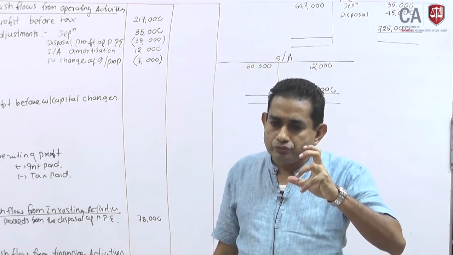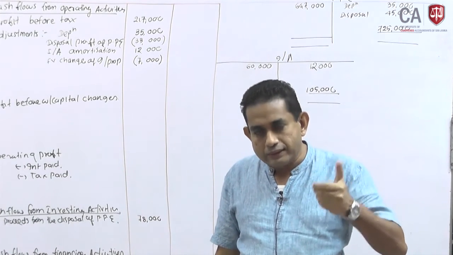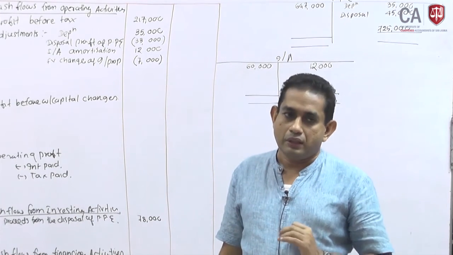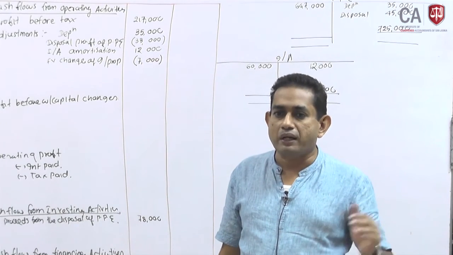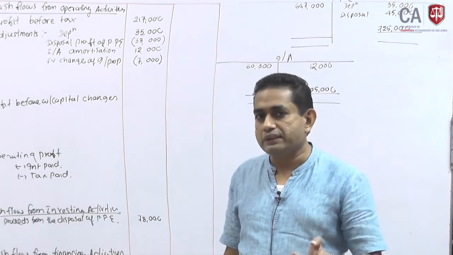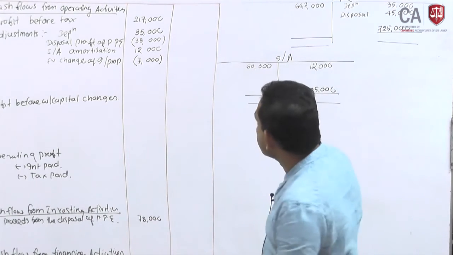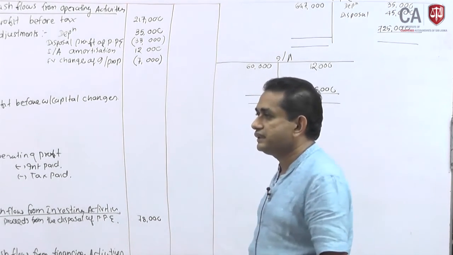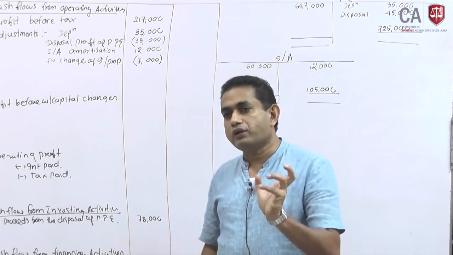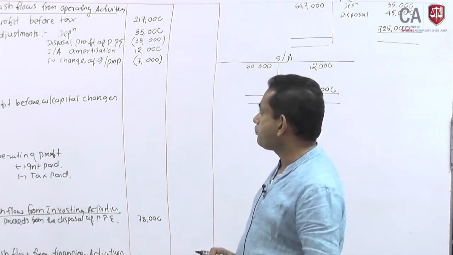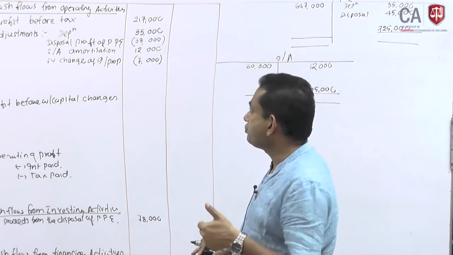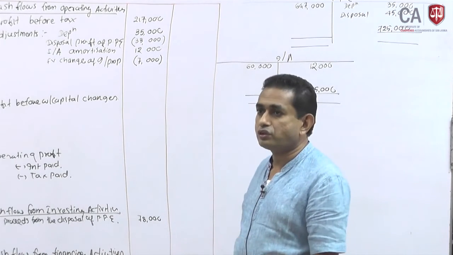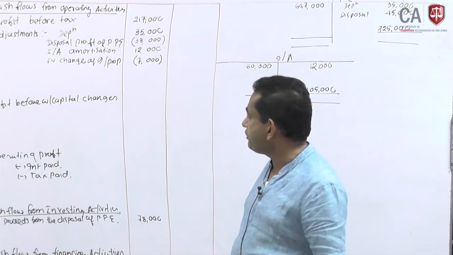If you provide for this change of fair values of investment properties in the market, you debit investment properties and credit profit and loss. So, the current year profit 217 is obviously after including the fair value changes of investment properties. So, it was taken off now, eliminated to further transform your non-cash profit to the cash profit by 7,000.